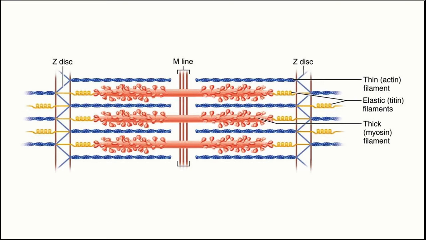That is, the muscle can be stretched out to a longer length, and then after the force that stretched that muscle out is released, the muscle will return back to its resting length. And so for that reason, muscle has some spring-like properties, and part of that spring-like property comes from the elastic filaments that are within the sarcomere.